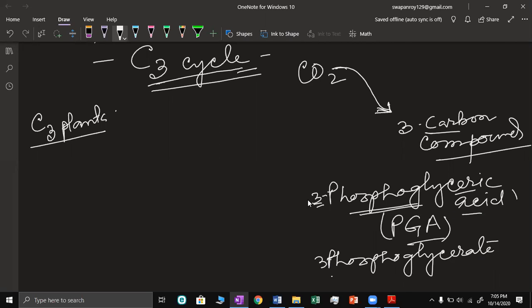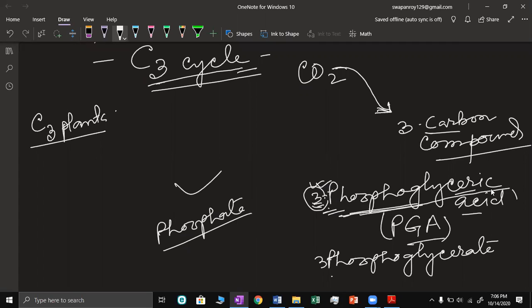And the 3 indicates that in that carbon compound, the phosphate group, not only the phosphorus, is attached to the third carbon of the phosphoglyceric acid. So it is read as 3-phosphoglyceric acid.